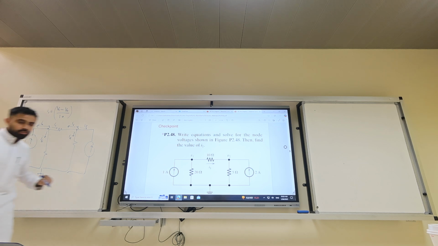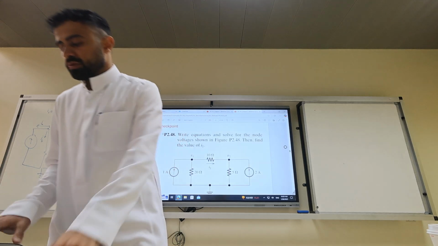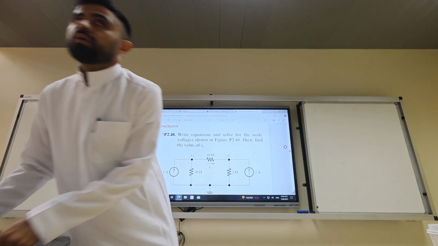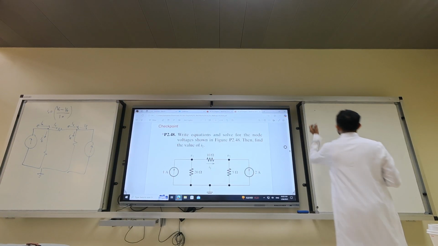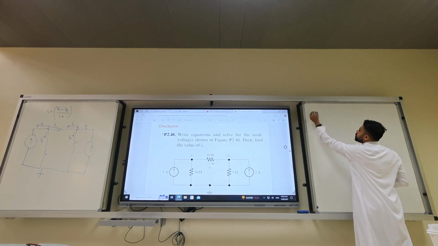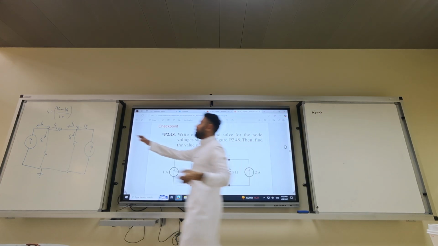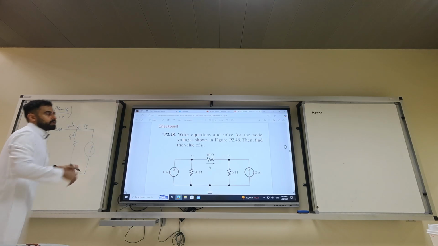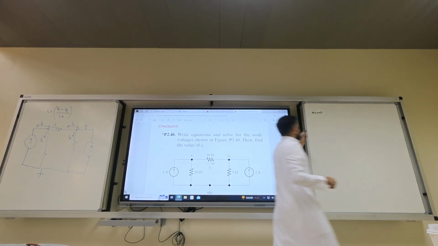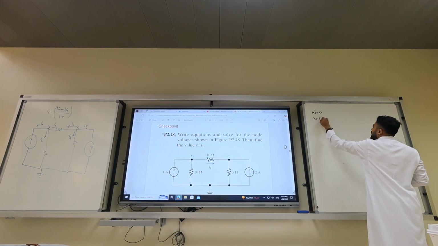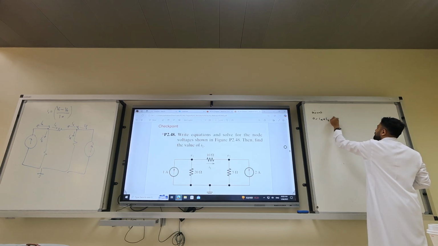What did I tell you about the equations? The key thing in nodal voltage analysis is we say in equal out. When we say in equal what? 0. All the currents are leaving. Okay? 0 equals IA plus IB plus IC.